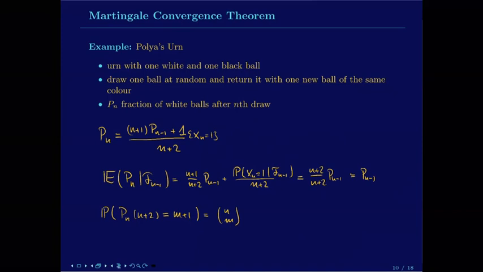Then, if a white ball was drawn, 2 over 3, etc. So in total, if we look at that, we have m factorial over m plus 1 factorial.